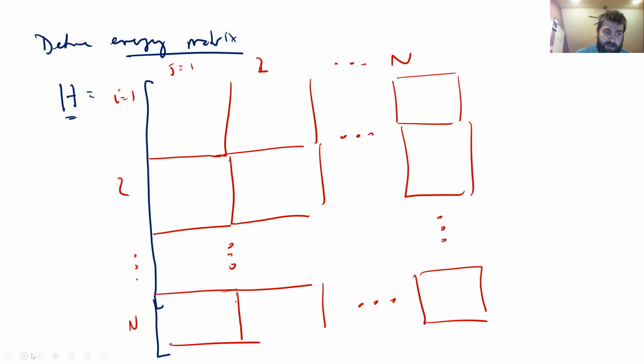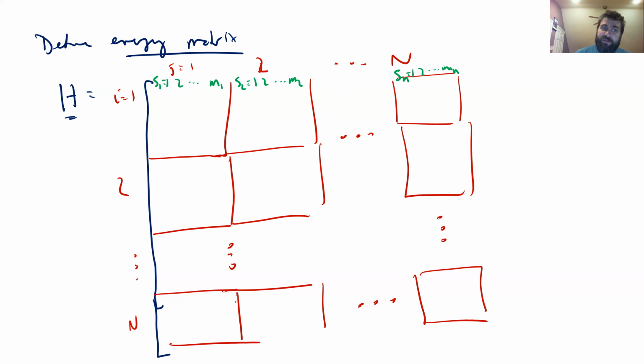Inside each block, we can then set another set of indices, and we can think about going S1 equals 1 to 2 up to M1, S2 equals 1, 2 up to M2, Sn equals 1, 2 up to Mn.